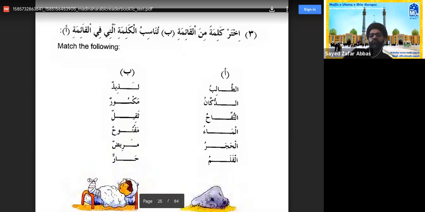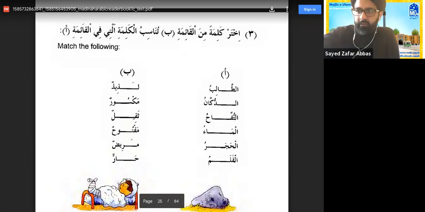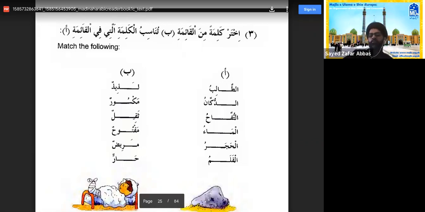And then we have at-tufah, which should go with at-tufah? Anyone, if you want to type it there in the comments. At-tufahu ladid. The apple is tasty. Al-ma, which word do you think should go with al-ma?